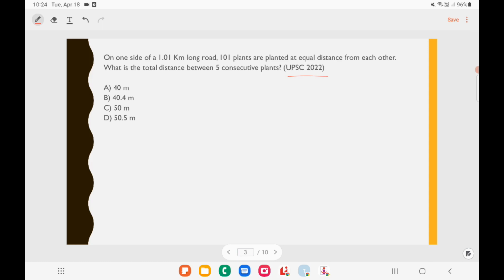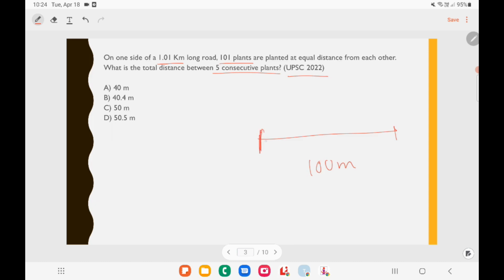On one side of a 1.01 kilometer long road, 101 plants are planted at equal distance between each other. What is the total distance between 5 consecutive plants? Before moving on to the question, I will tell you a small concept here. Let's say I have a 100-meter road, and I am planting 5 plants here.